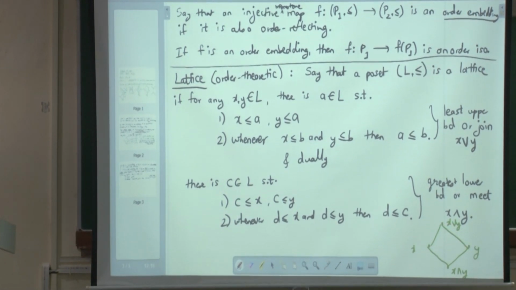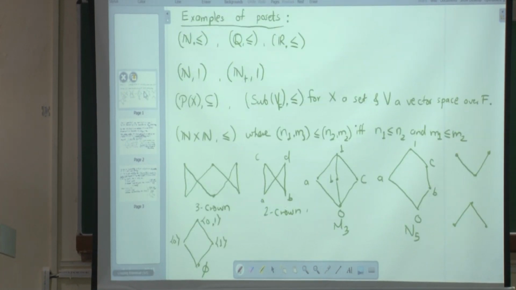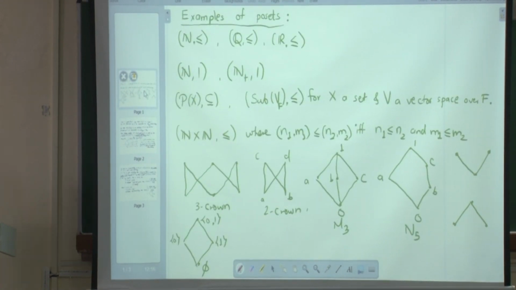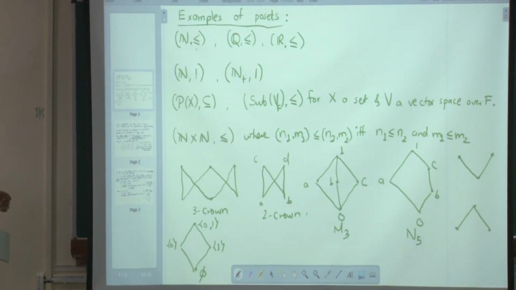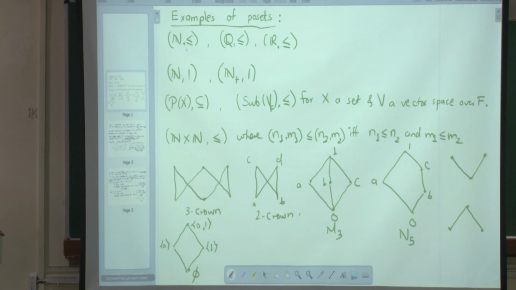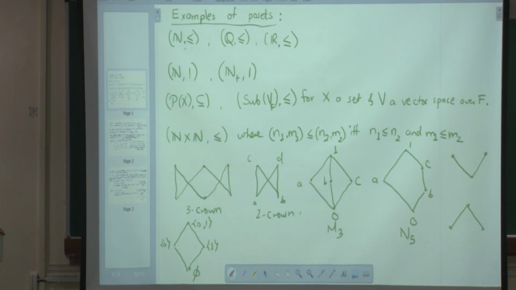Okay, so let us go to the first slide and determine which ones are lattices. Is n less equal a lattice? For any two elements, does there exist a least upper bound and a greatest lower bound? What is the least upper bound? So it is the max.